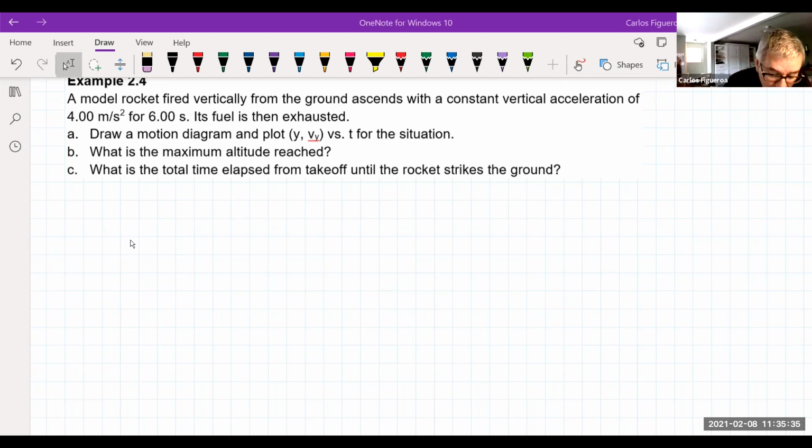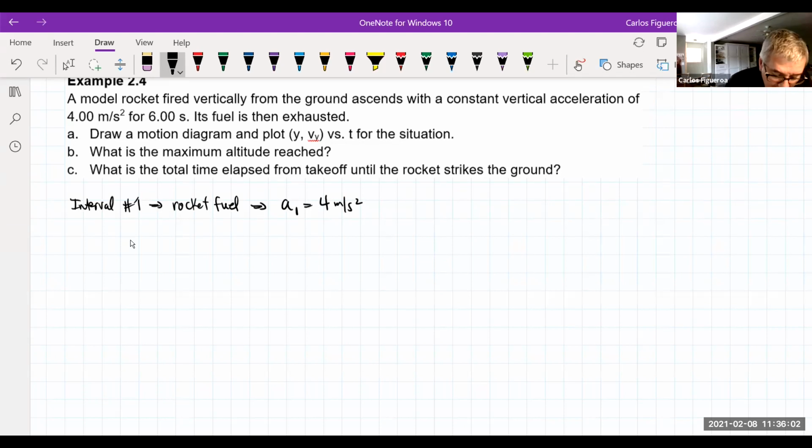My first interval implies that I have rocket fuel, which then gives an acceleration, which I'm going to call my interval 1, of 4 meters per second squared. And then, because they ask maximum height, you're going to see that I'm going to do interval 2 and interval 3.